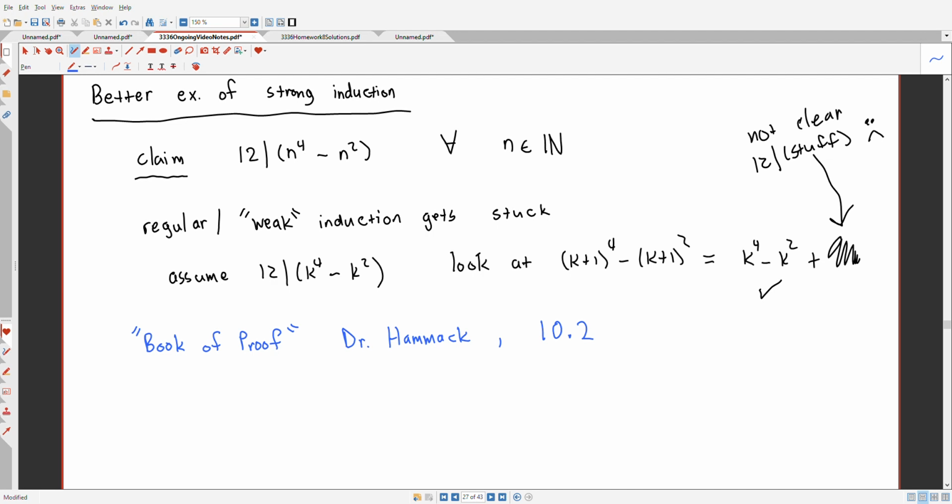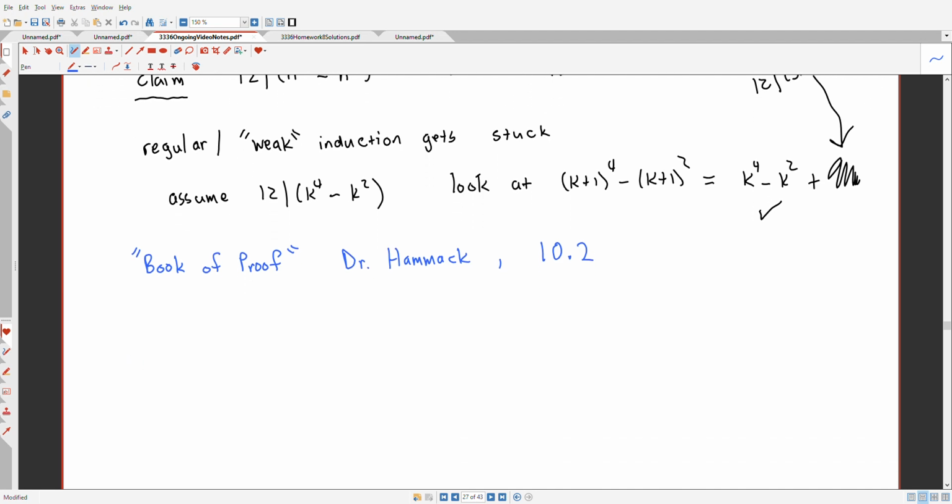The one thing I would tell you to pay attention to in this example is what he actually uses. The proof uses several previous statements. So what we're calling P of k, I think he's going to use P of k minus 1 and P of k, and if I'm not mistaken, he goes back to 5 statements.